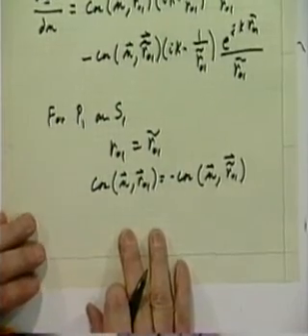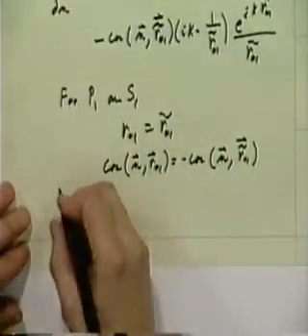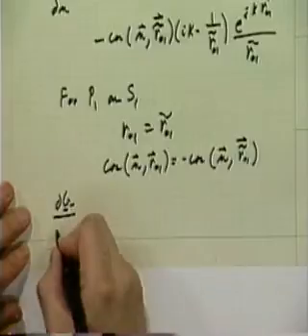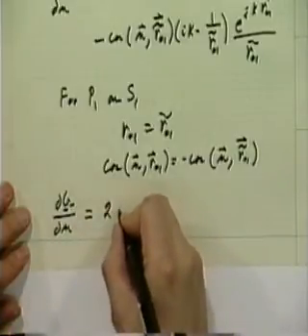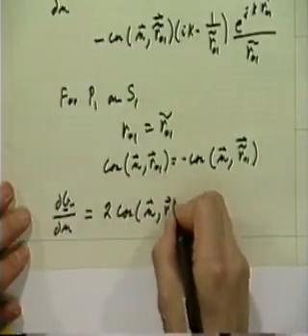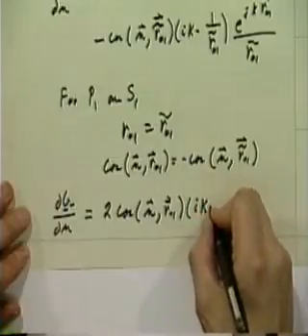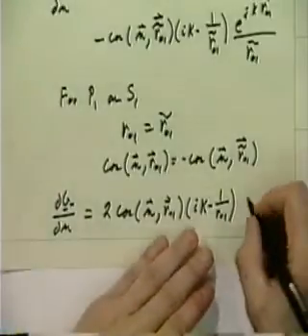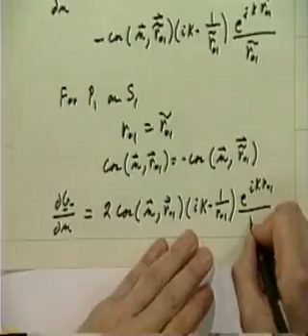And so, going back to this expression then, partial G minus with respect to n is then 2 cosine of n, R01 times (ik minus 1 over R01) e to the i k R01 over R01.